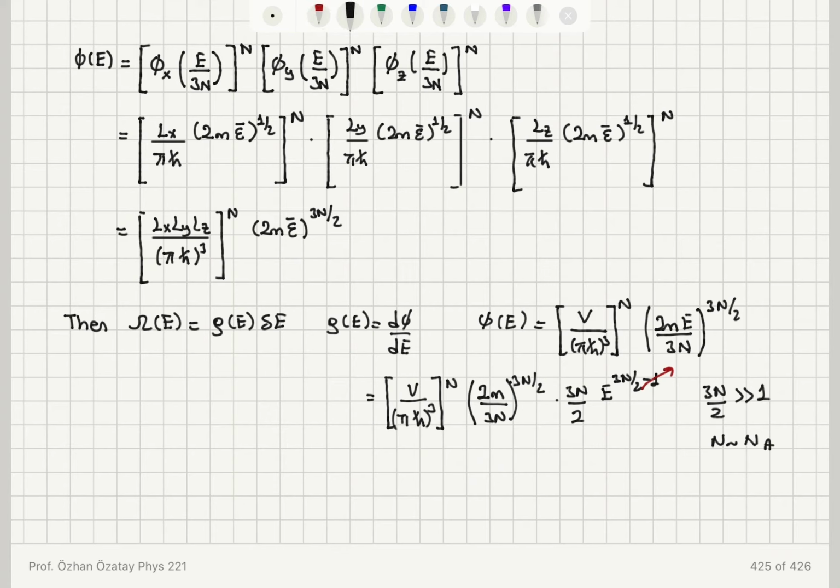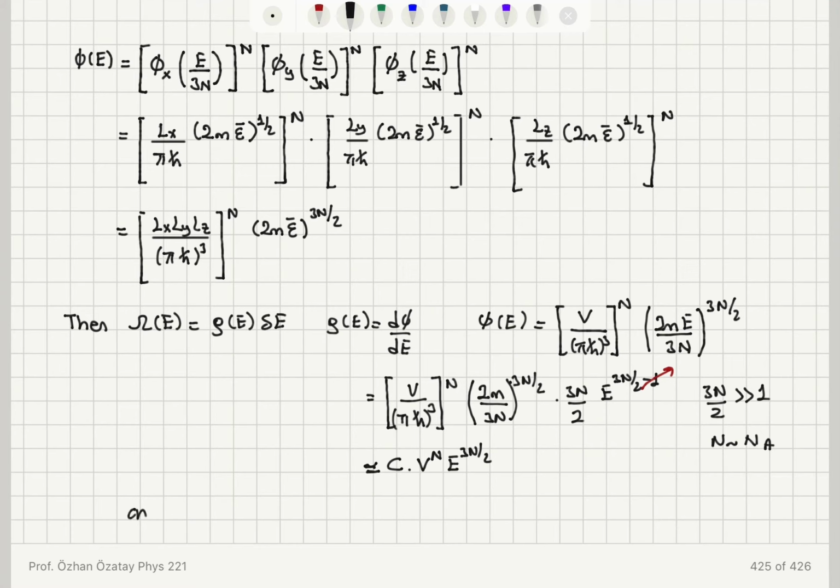So I see that this is of the form a constant C times volume to the power N, energy to the power 3N over 2 approximately, because N is very large.